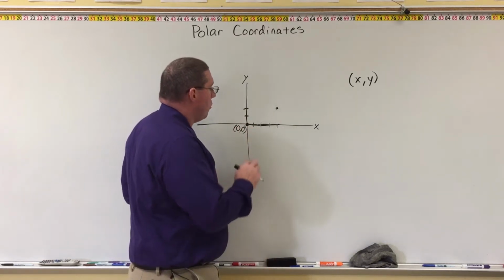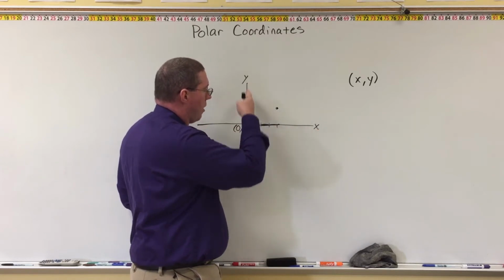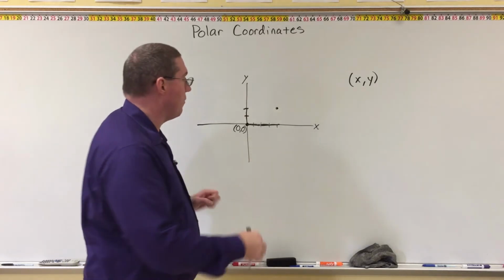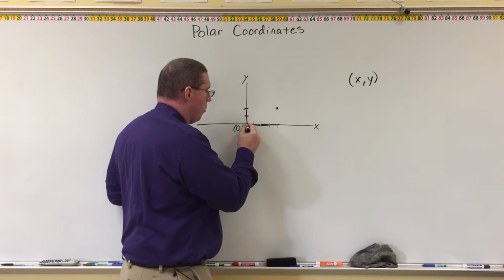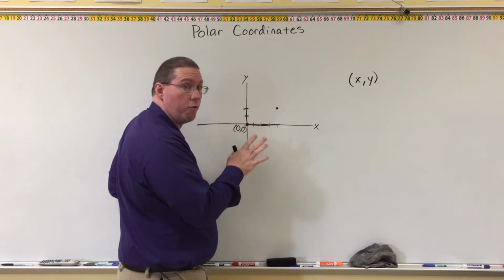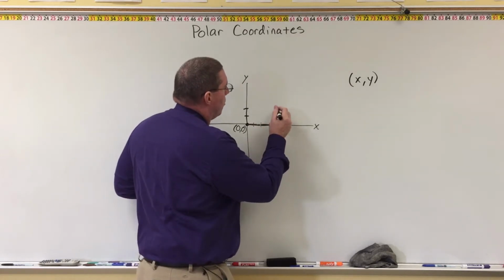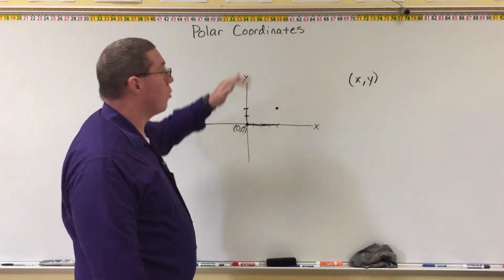And the polar coordinates still use the x-axis and the y-axis, but we don't necessarily call them that. We have a horizontal axis and a vertical axis, and there is a starting point which is still 0, 0, but it's 0, 0 for a different reason, okay? And so this point right here can also be given in what are called polar coordinates.